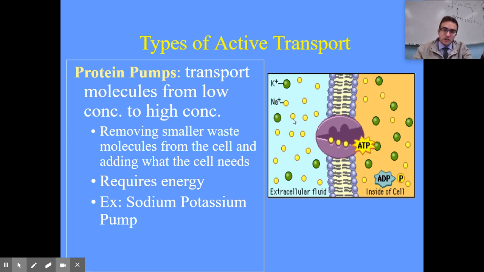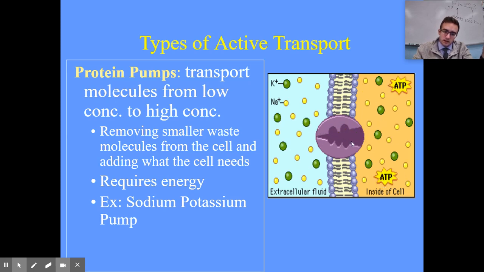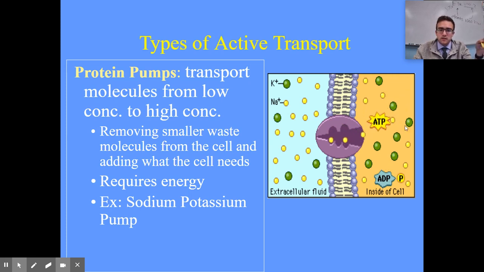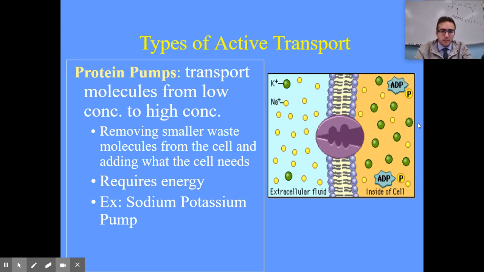When it's outside the cell, it'll allow 2 of these potassiums to come in and fit right there. We release our energy and the pump opens back up into the cell. So that's how a protein pump works: it moves up against the concentration gradient by adding energy. All right, so that's a protein pump.